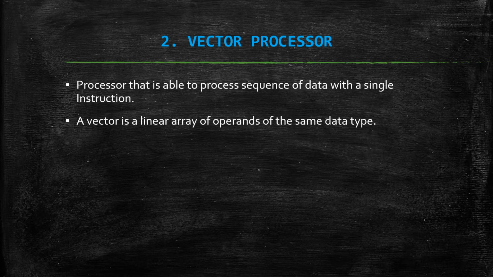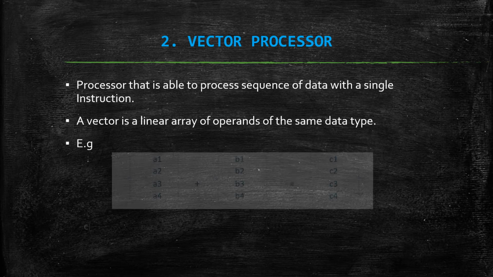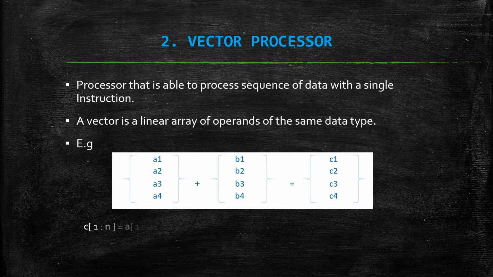Here we have an example. Here we have an array a1, a2, a3, a4. This is my first array. Then the second is array b: b1, b2, b3 and b4. Now I want to perform an addition operation. Just see this: we have a sequence of data, a1 to a4 and b1 to b4.